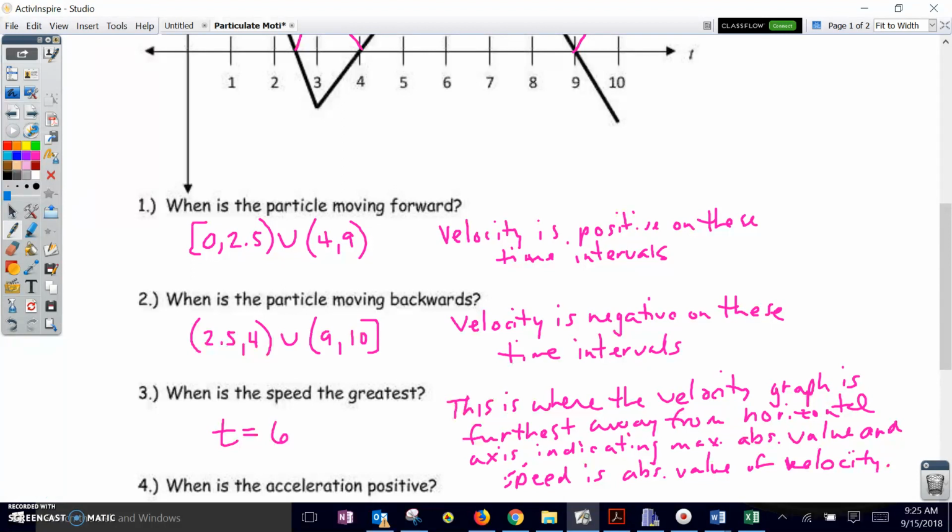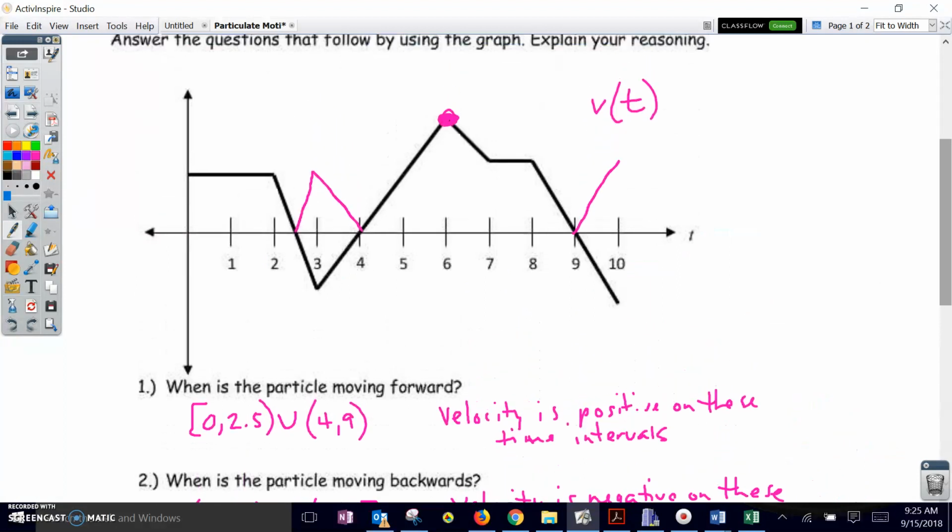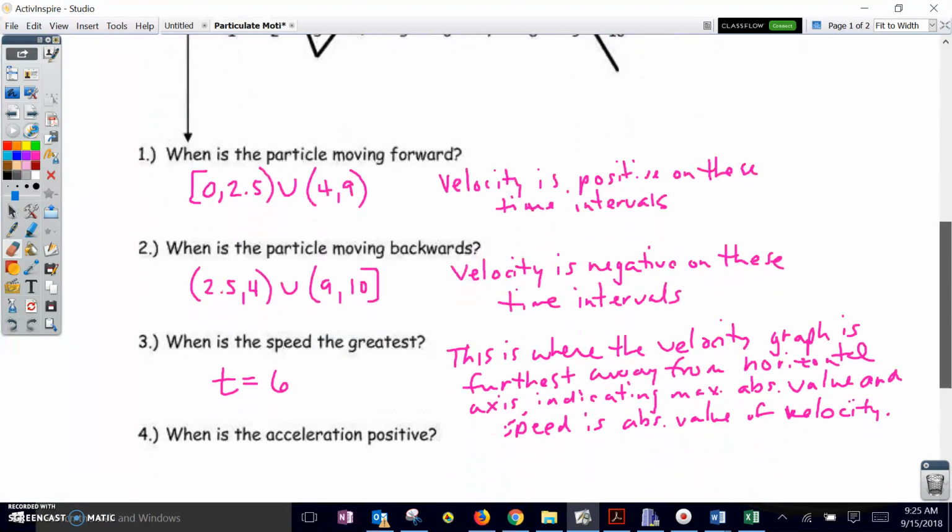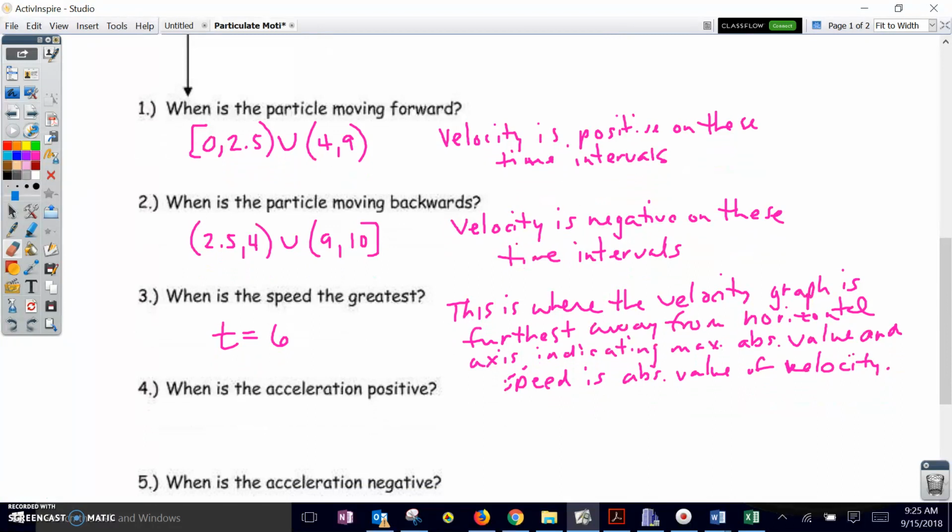Question 4. When is the acceleration positive? I'm going to erase my marks that I made in part C. When is the acceleration positive? Well, if you think about the relationship between acceleration and velocity, acceleration is the derivative of velocity.